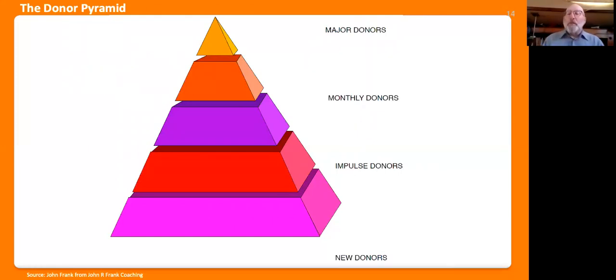Now, you may be one that deals with direct mail mostly. Well, guess what? Then you have more impulse donors, and the top of your donors is real narrow. So this depicts what would be a balanced donor strategy with your top major donors at the top of the donor pyramid. They are smaller in number, but more in dollars.